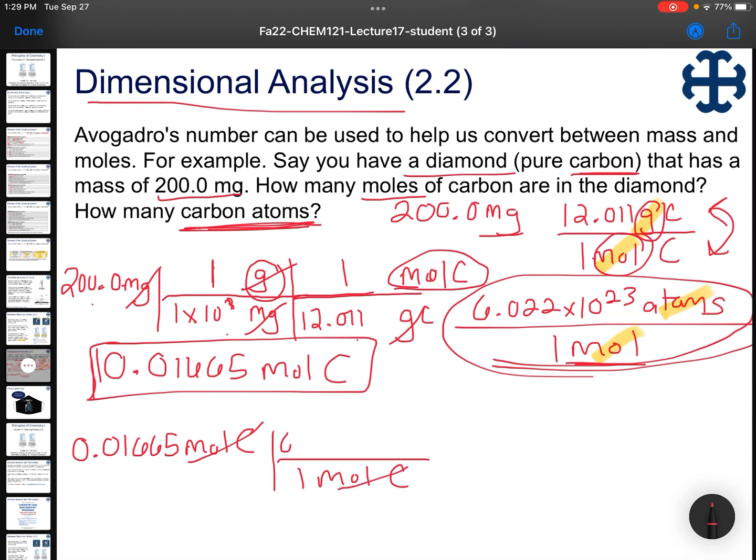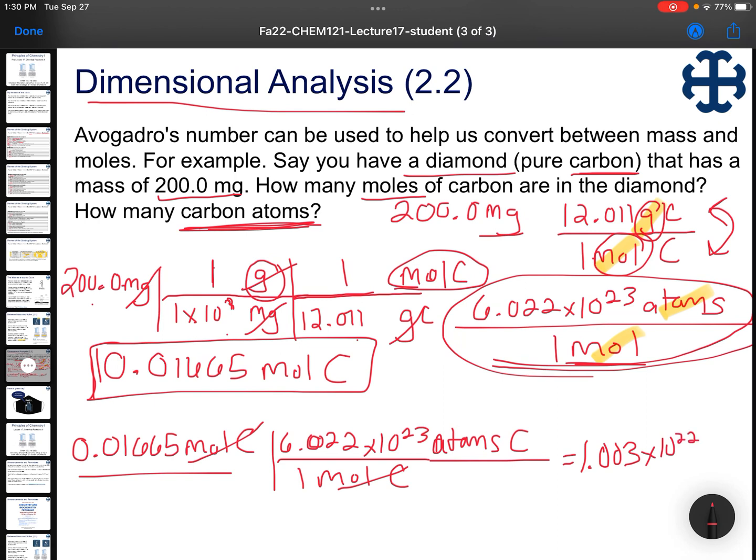And we know we have 6.022 times 10 to the 23rd atoms of carbon. And so we take this number that we started with, we multiply it by our 6.022 times 10 to the 23rd, and I got a value of 1.003 times 10 to the 22nd atoms of carbon for the final answer there.